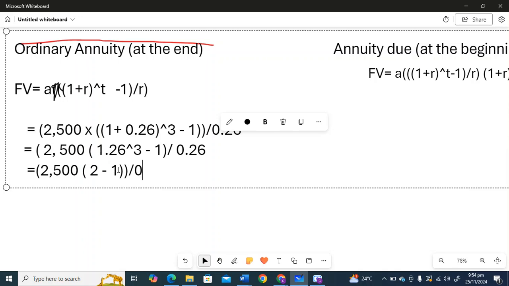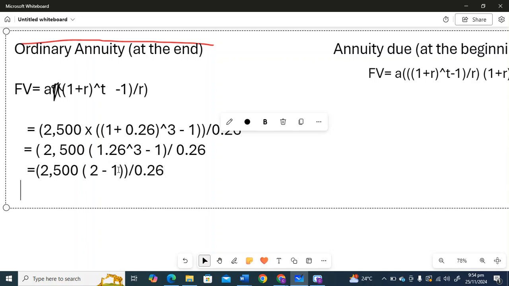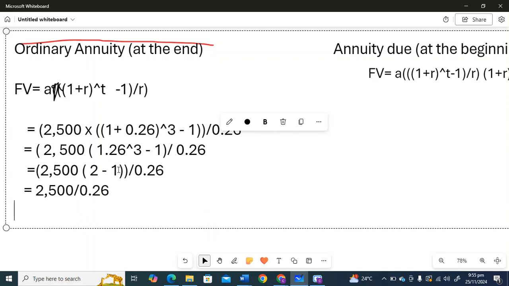All of this divided by 0.26. 2 minus 1 is 1. 1 times 2,500, you get 2,500. Divided by 0.26, we get 9,615.